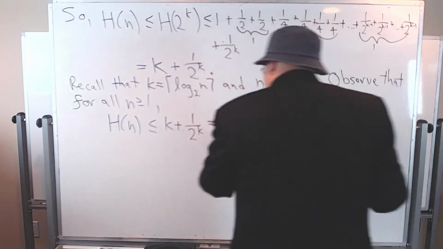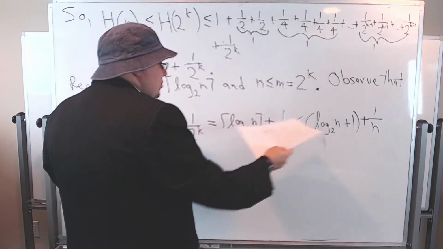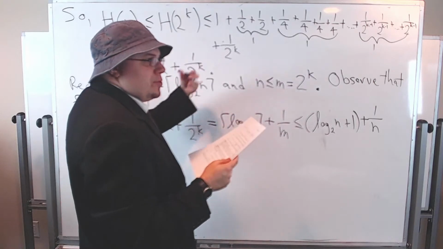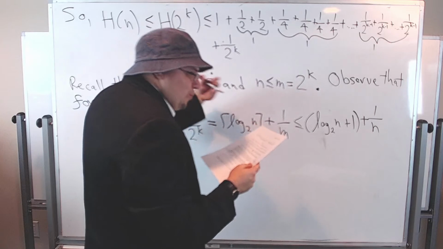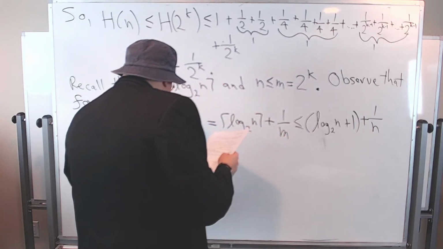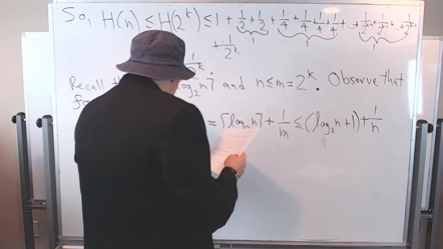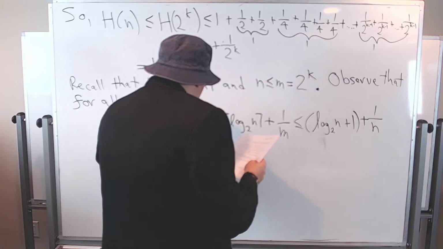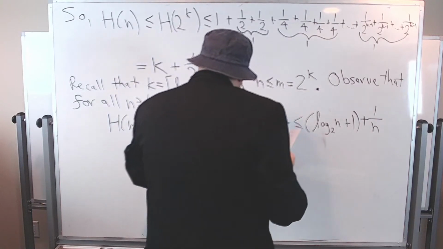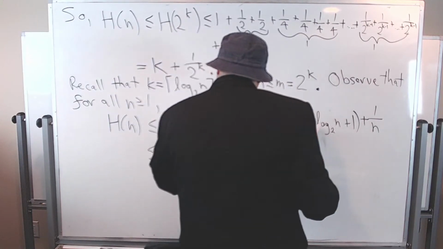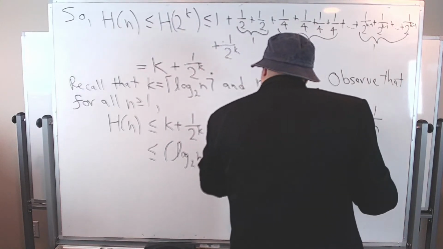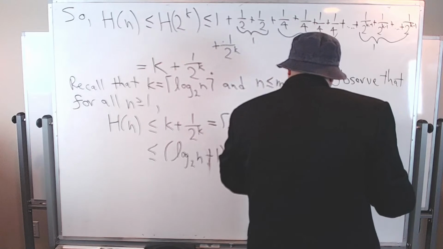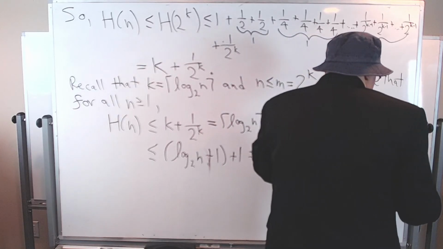Well, I can write this again. You would agree with me that for any n greater or equal to 1, 1 over n must be less than or equal to 1, right? So I can just simply rewrite this again: log base 2 of n plus 1 plus 1, right? Which is naturally equal to log base 2 of n plus 2.